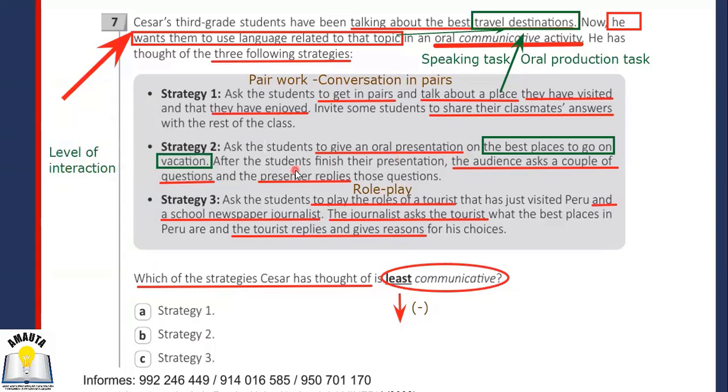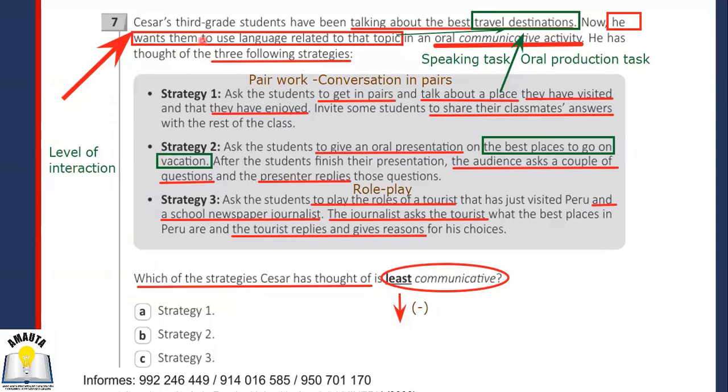What's the most communicative, for example, right? Or what are the two strategies that are the most communicative? I know that you identify these two strategies that are the most communicative in the three strategies on the list, right? You should pay attention to the level of interaction.